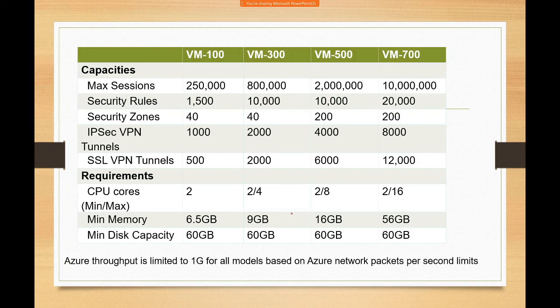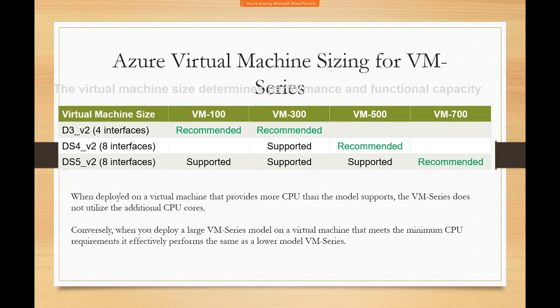These are the requirements for the deployment, and they should be discussed prior to the deployment. The network engineer should discuss the required CPU, the minimum memory required, and the minimum disk capacity. In the next slide I will explain this further.